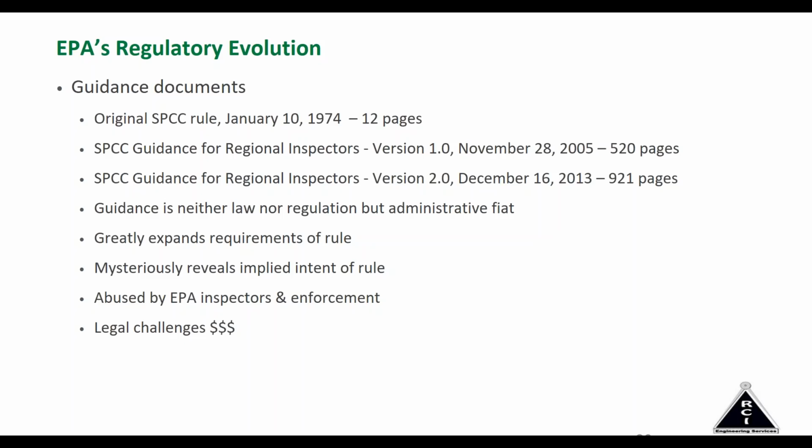It's no longer good enough that a truck driver can go back and read the tank gauge, figure out how many gallons of capacity they have, and not pump any more into it than that. No, now you're supposed to have two people there, one to watch the gauge and one at the truck to shut it down in case you start to overfill the tank. That's just one example of how they've taken this mysterious intent out of the guidance document to kind of fill in voids, if you will, in the rule.